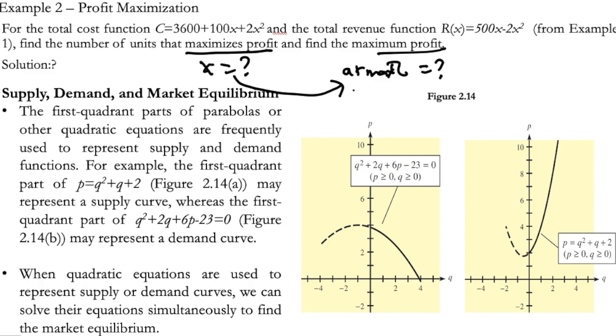That's the question. So basically, from the cost and revenue functions, you need to create a profit function. You know that the profit function, I write it P, or the Greek letter pi, you may call it P(x), equals revenue minus cost, isn't it?